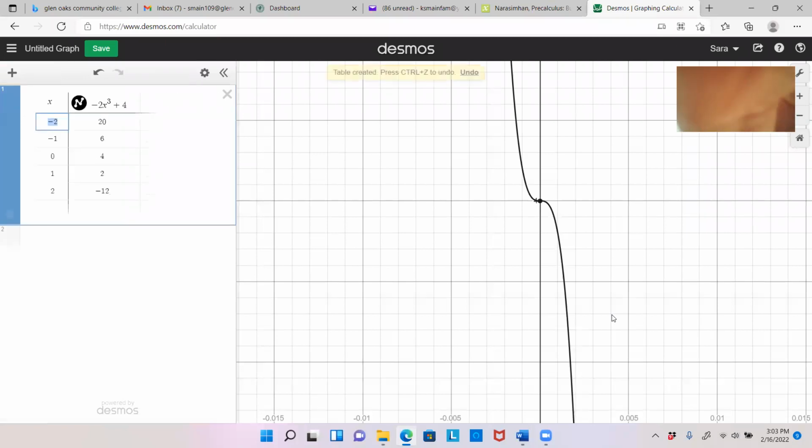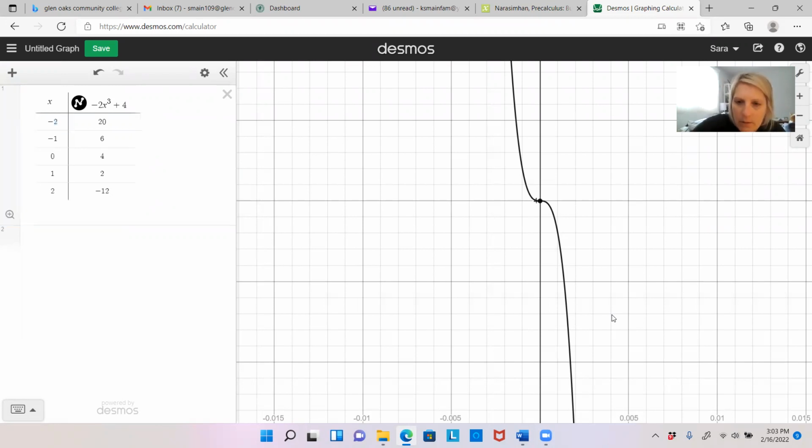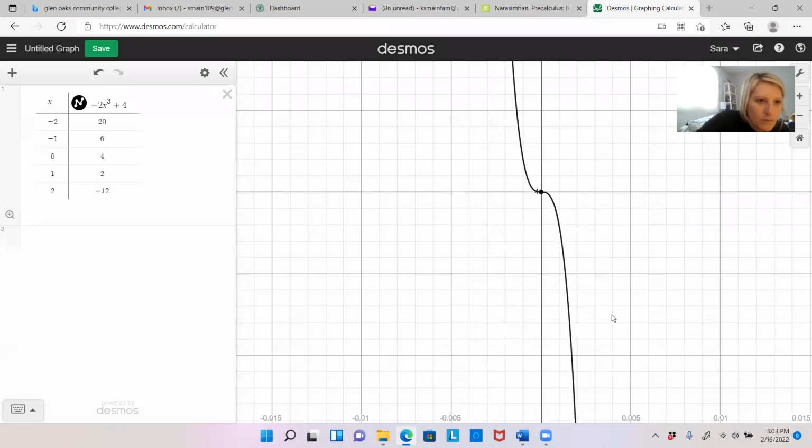So we can make a table, and there's no way to see here unless we came up with numbers right around it. So let's put in our table here.